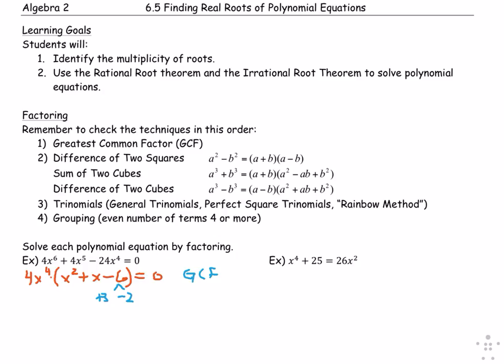So I rewrite this now in fully factored form. And of course, 3 plus negative 2 is giving me that linear coefficient of positive 1. And 3 times negative 2 produces the constant of negative 6. So that was just regular trinomial factoring.